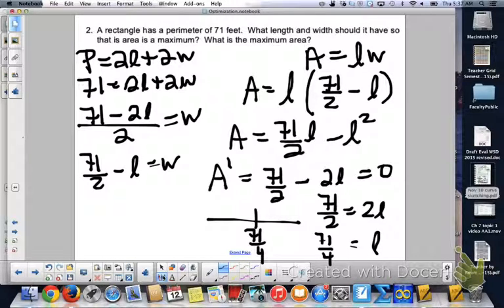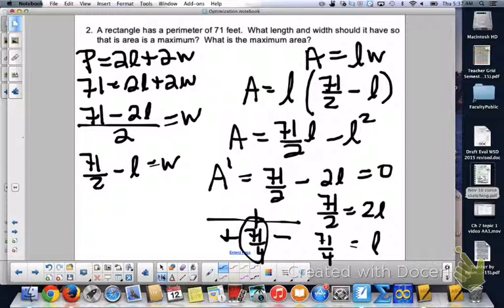Let's put in 20 to be above it. 71 over 2 is like 35 and a half. Minus, if we put in 20, that's 40, so that's negative. If we put in 5, that is positive. So yes, we have a max there.